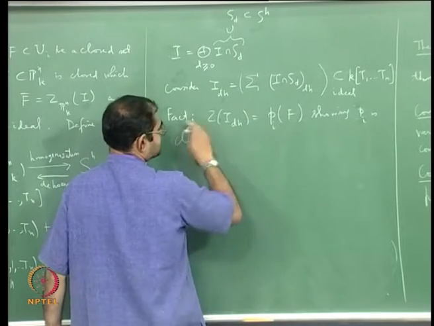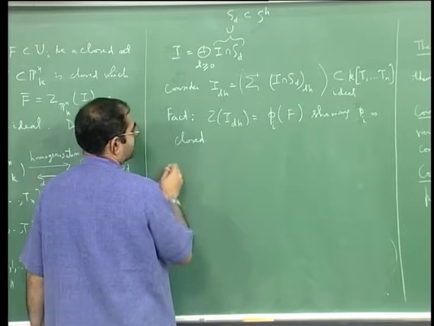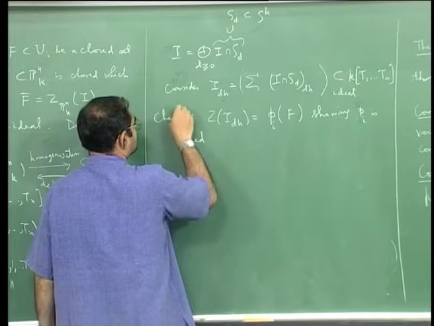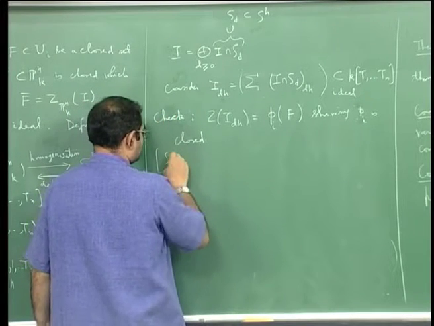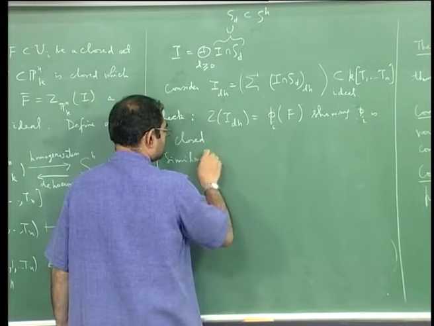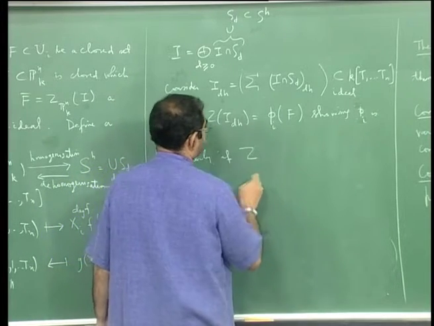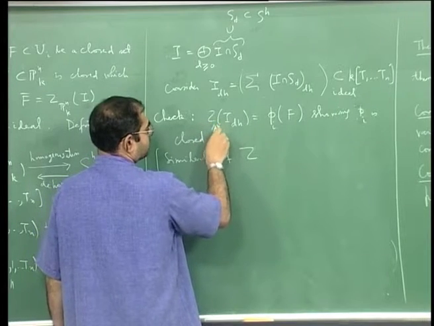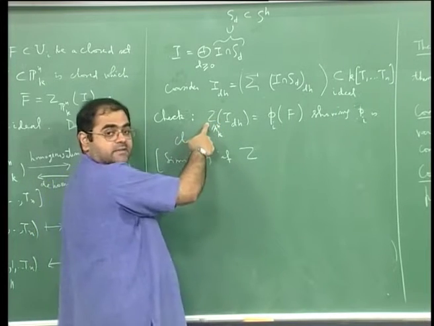So this is something that you can check. Okay, so instead of saying fact I should say check. Similarly, if Z in An, so mind you this Z is in An, this Z is a zero set in An.